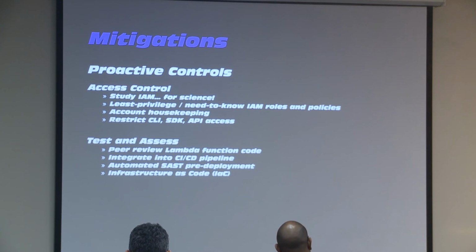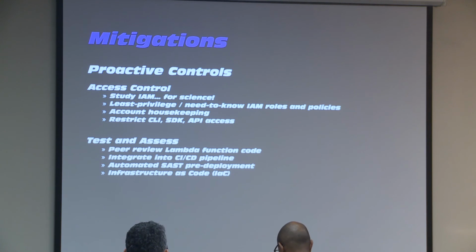I've worked at places and I've had clients where they have account provisioning through AD and it's set up in AWS and they use single sign-on, but when they've left, access still remains in AWS. It's not revoked. So make sure you've got good housekeeping, and then restrict CLI, SDK, and API access. If they only need API access, don't give people web console access. Just again, least privilege.